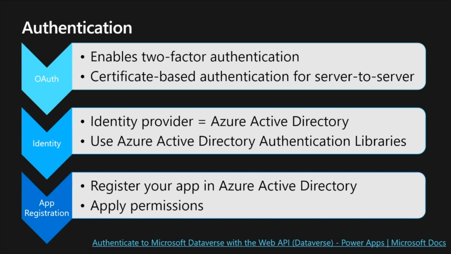If your app will be a client which allows the authenticated user to perform operations, you must also configure the application to have the Access Dynamics 365 as organization user's delegated permission. For more information about this and step-by-step instructions, I encourage you to use the link on this slide, which will be available with the recording on the TechTalk Dynamics community page, to learn a little bit more about how that authentication and app registration works.